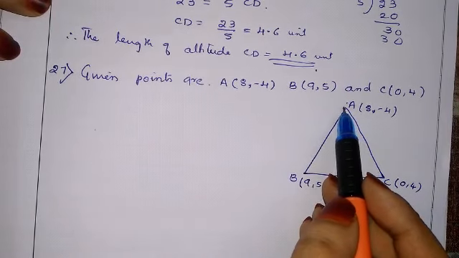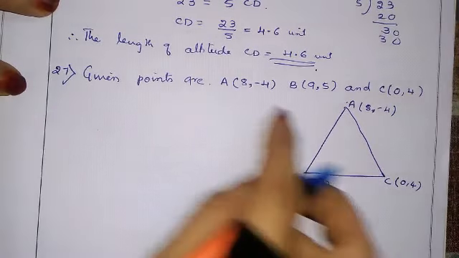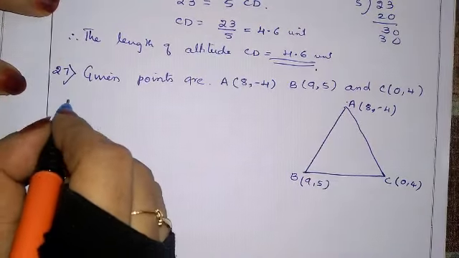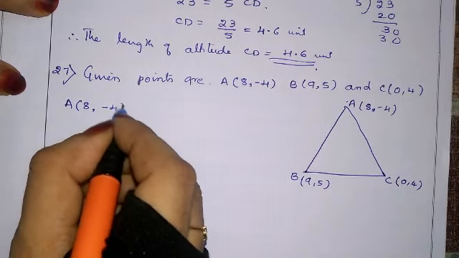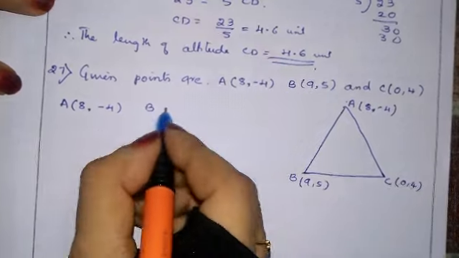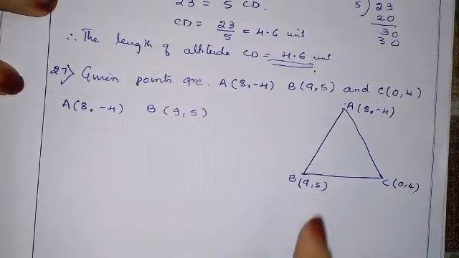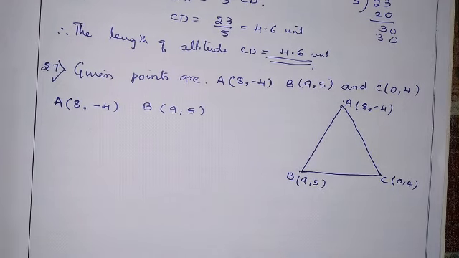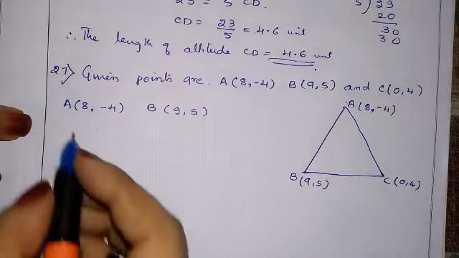So let us take side AB, the distance between A (8, -4) and B (9, 5). We need to find the sides. Isosceles means two sides are equal. Let us find the distance of AB.